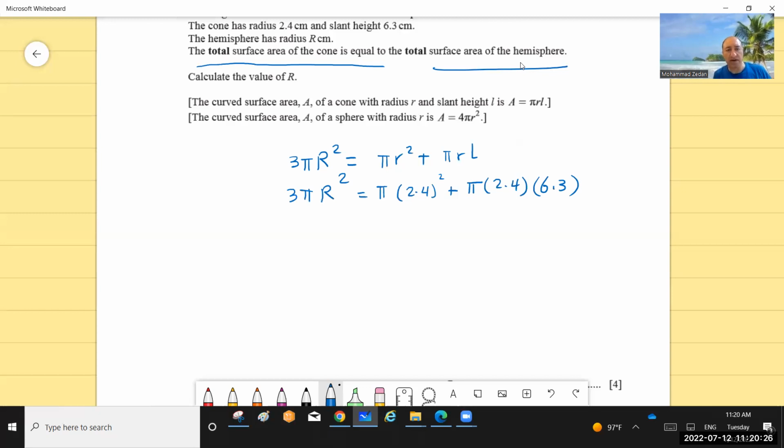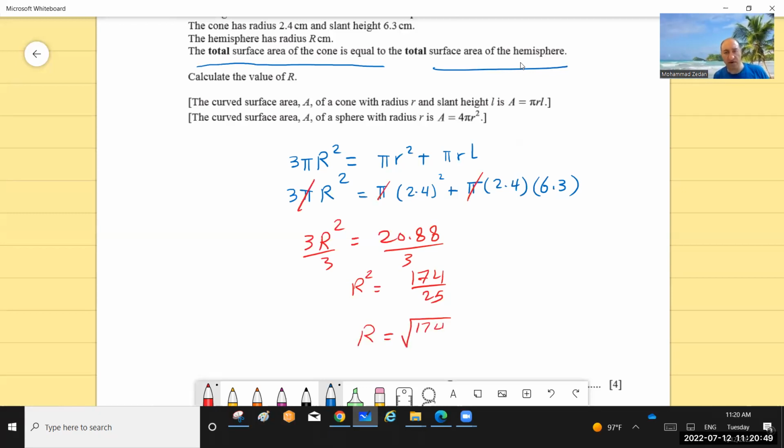Divide the whole by pi, cancelling the pi from all the equation. So 3r squared equals 20.88, divided by 3. So r squared is equal to 174 over 25, and r is the square root of this amount, approximately 2.64, and this is the radius of the hemisphere.